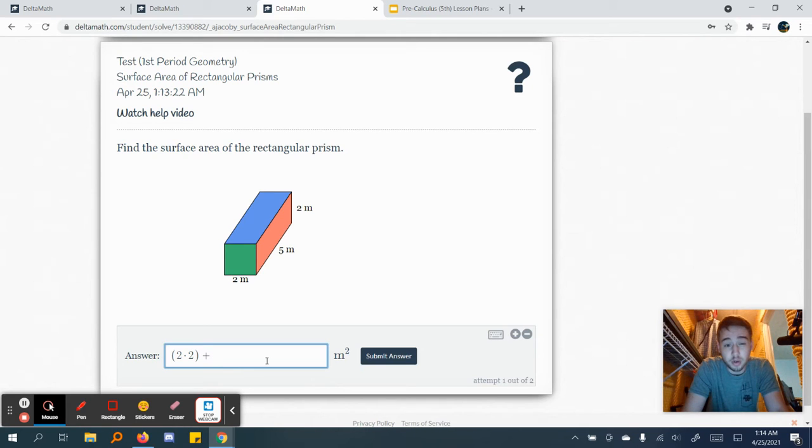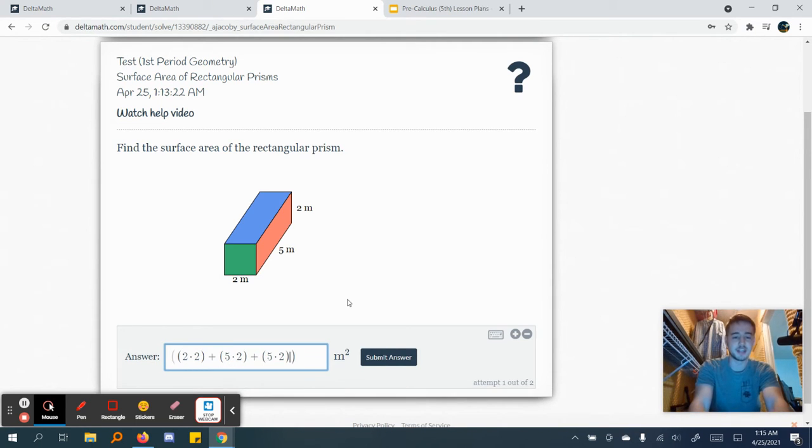We're going to have the red one that is 5 wide and 2 tall. And we're also going to have the blue one that is 5 deep and 2 wide. Those are going to be the length times width of each of our rectangles we're working with for this prism.